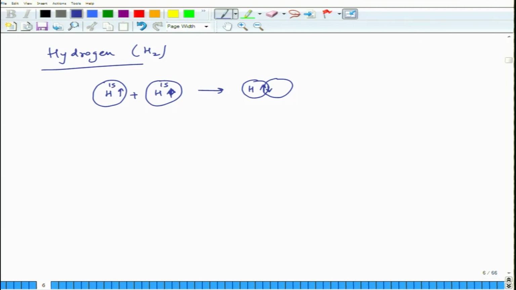So this would be H2 molecule, which is a covalent molecule, and you can see that the orbitals can interact with each other because they are spherical, symmetric orbitals, and they just have to share one electron each.